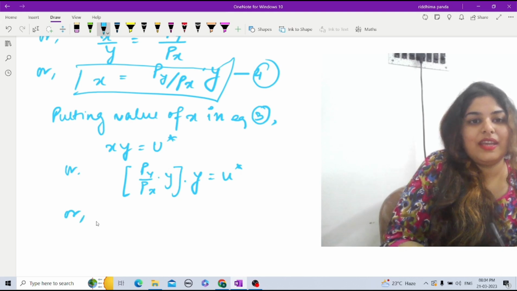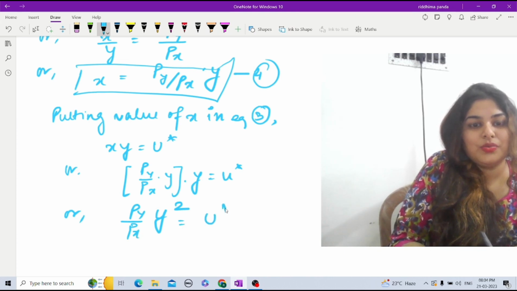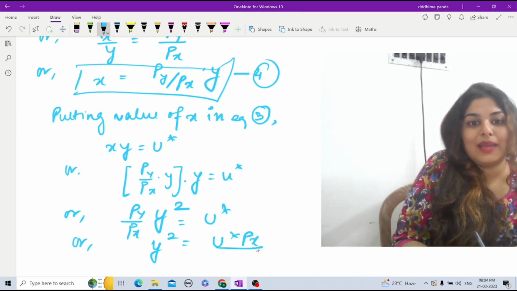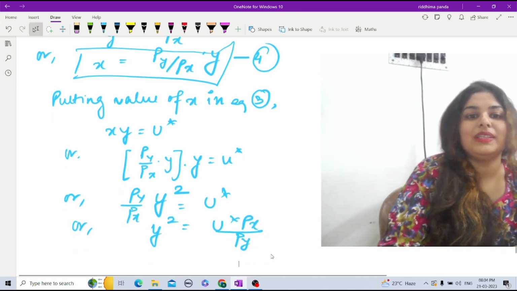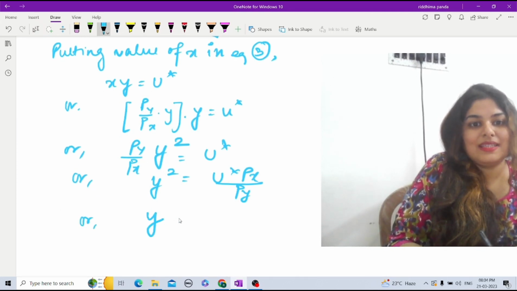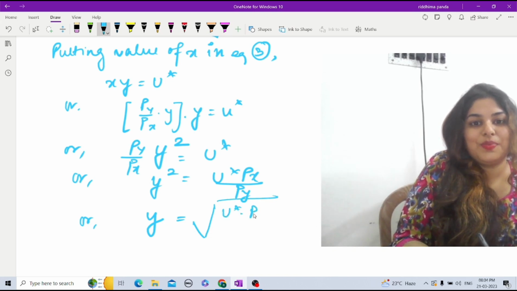So from here we get y square into py by px is equal to u star, or y square is equal to u star px by py, or y is equal to root over u star into px by py.